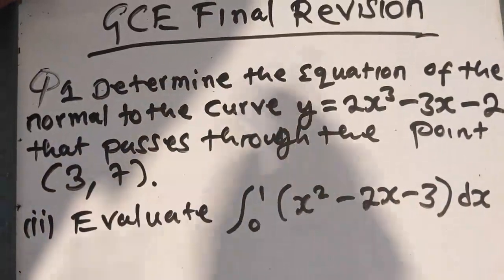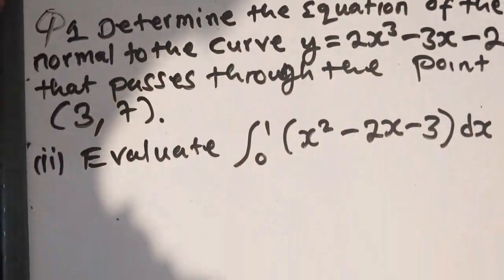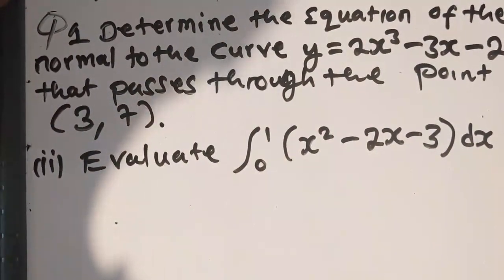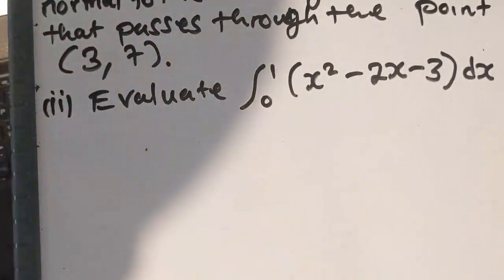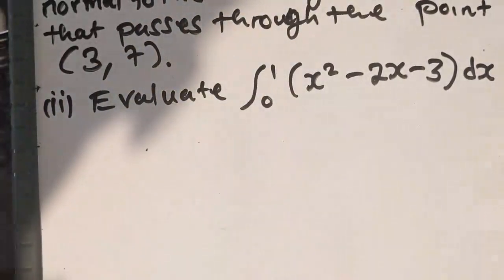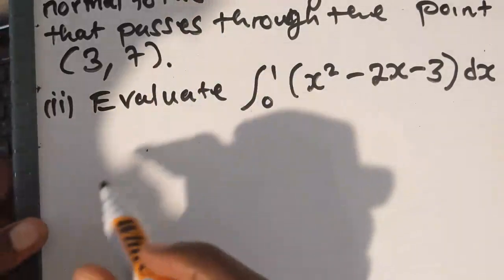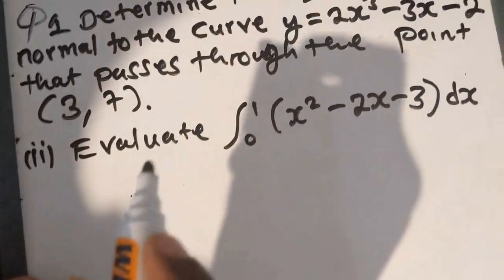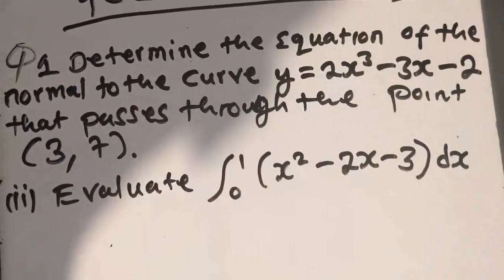One thing about the equation of the normal, what you need to understand: you learned coordinate geometry, right? There you were asked to find the equation that is perpendicular to the equation that you have been given. So the equation of the normal is the same as the equation that is perpendicular. That is what they are talking about.